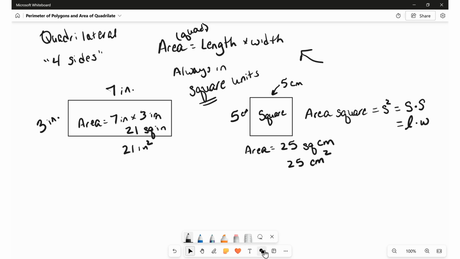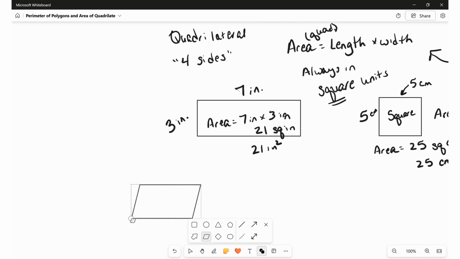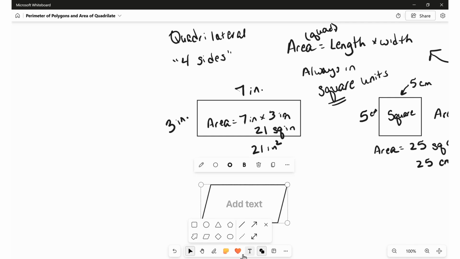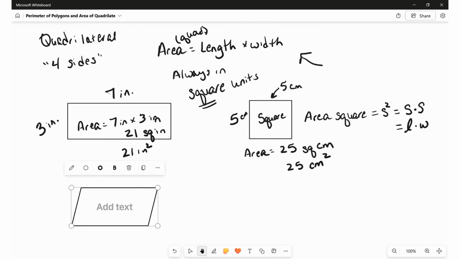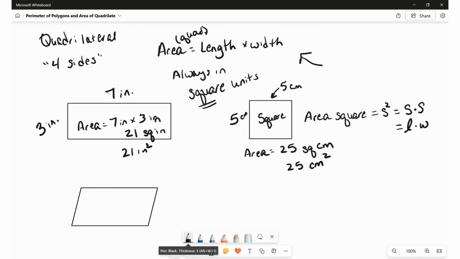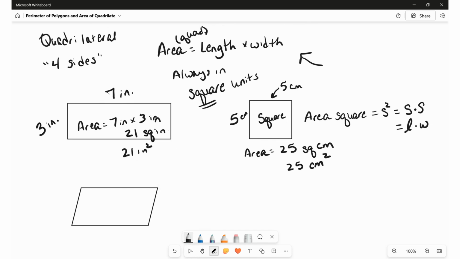Now, something else you might encounter is trying to find the area of a parallelogram. Let's slide this back over here. All right. Parallelogram. It's a pretty standard 4-sided figure. The area remains the same.